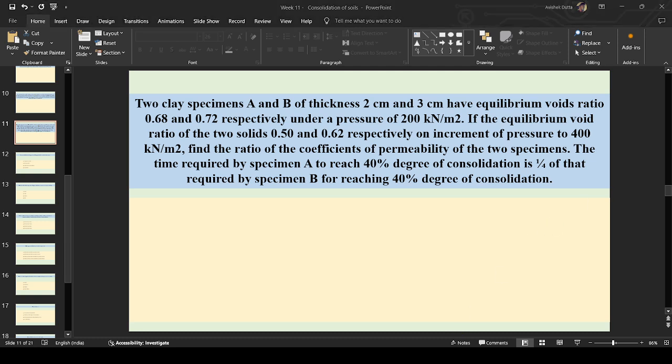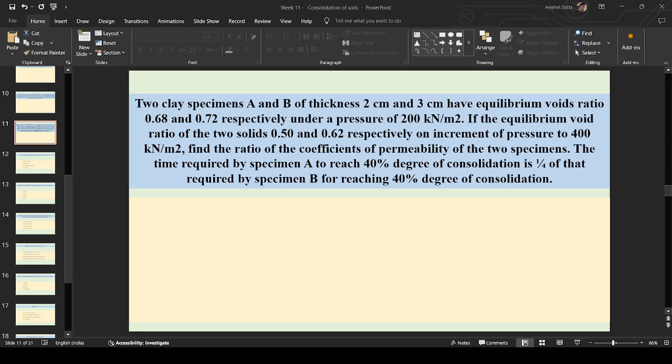Have you written down the question? Okay, I'll repeat the question once. Two clay specimens A and B of thickness 2 centimeter and 3 centimeter have equilibrium void ratio 0.68 and 0.72 respectively under a pressure of 200 kilonewton per meter square.